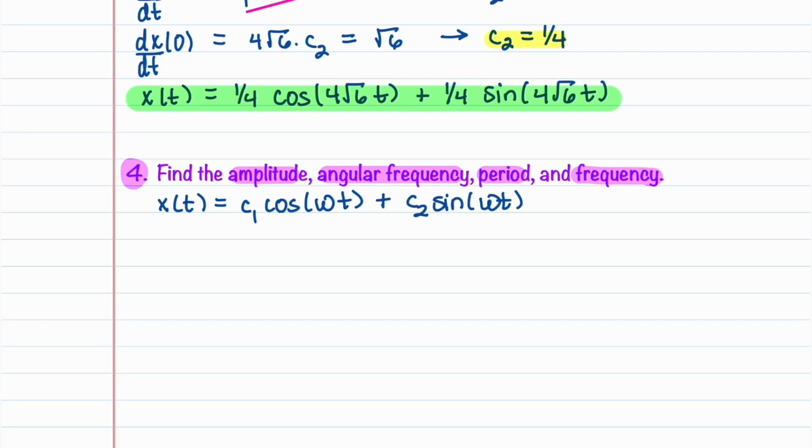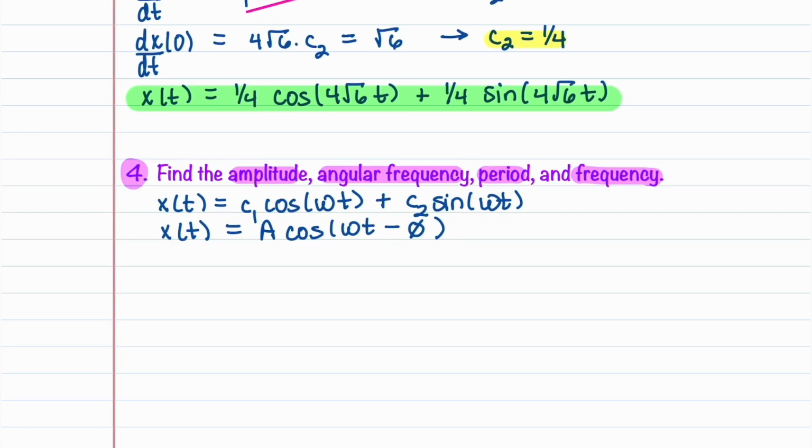We need to write it as x of t is equal to A, which is the maximum displacement from equilibrium, times cosine omega t minus phi. And phi is called our phase constant.